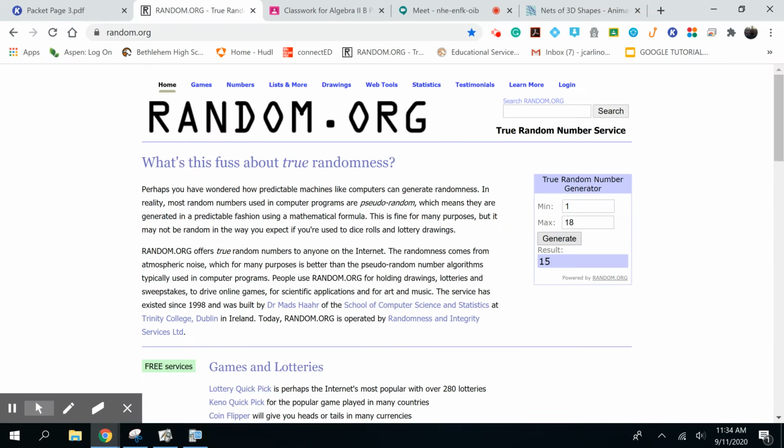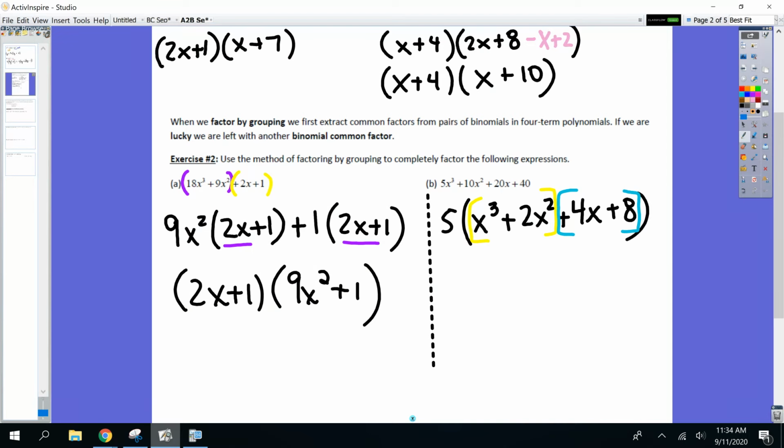All right. First grouping, what can you take out? Isaiah, what can you take out of the first grouping? X squared. Go ahead. X squared, and what's left? X plus 2. Good job. You're done.